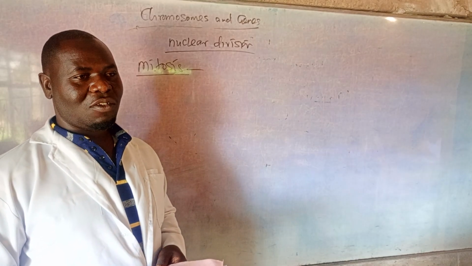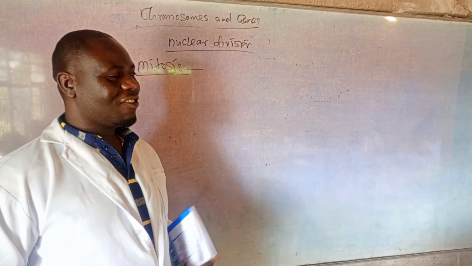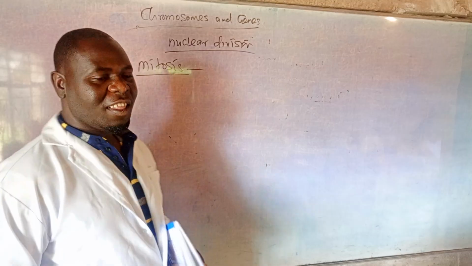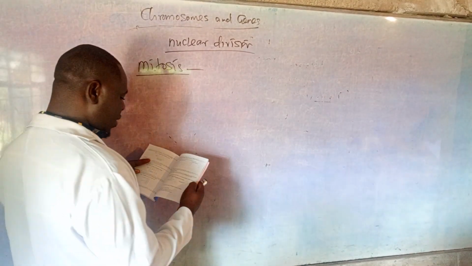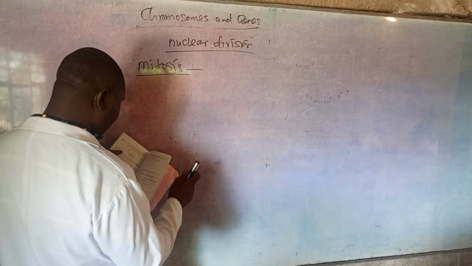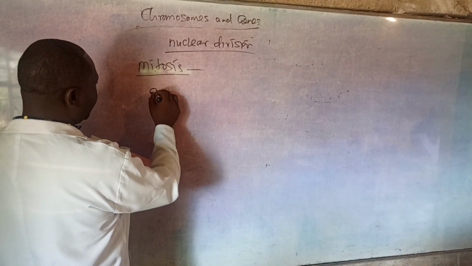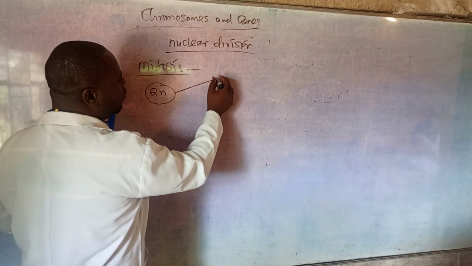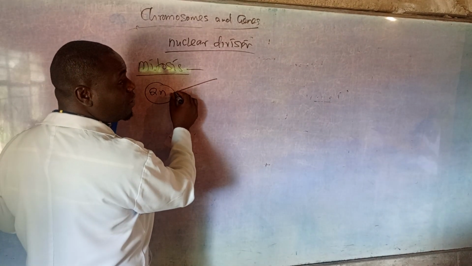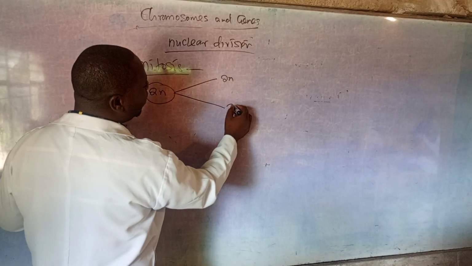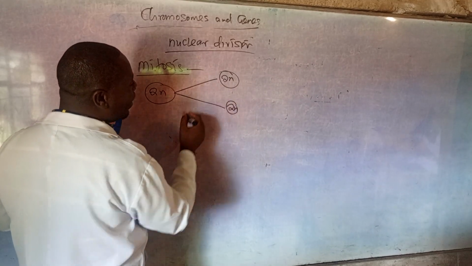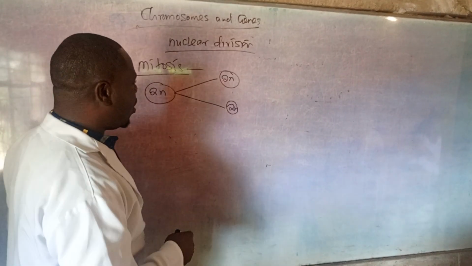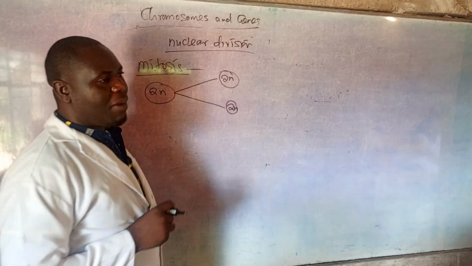It's only daughter in biology, there's no son. For example, we have 2N here. This cell will divide to produce two identical cells, identical meaning the same, to have 2N here and 2N here. So the cell division that occurs to produce two identical daughter cells is what you call mitosis.